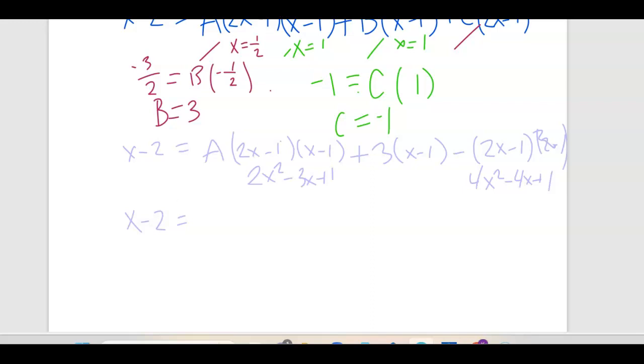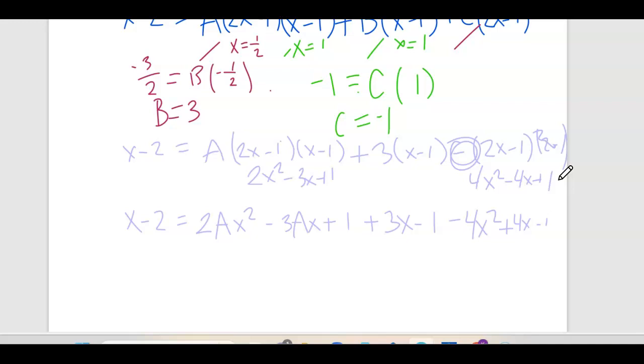So x minus 2 has to be equal to 2ax squared minus 3ax plus a, plus 3x minus 3, minus 4x squared plus 4x minus 1, because I have a minus here, so I need to make sure that I pull that through and apply it to each and every piece there.